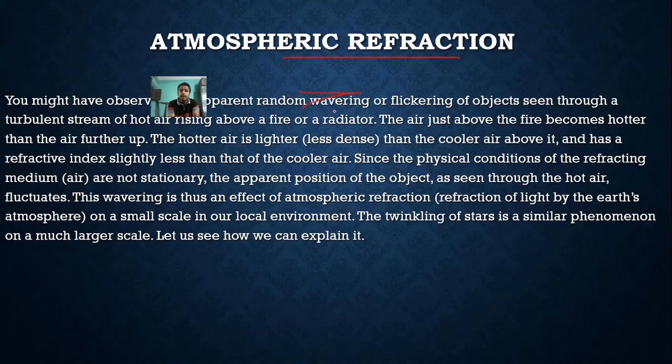That apparent random wavering or flickering of objects is seen through a turbulent stream of hot air rising above a fire or a radiator. The air just above the fire becomes hotter than the air further up. If you put something on a gas, in a bowl, then you can see that the heat rays are passing through it, coming out from it.